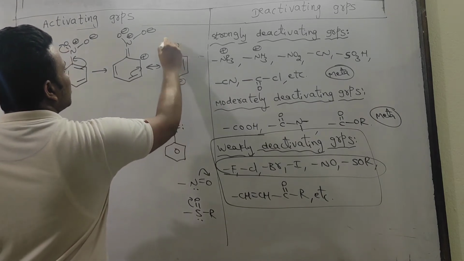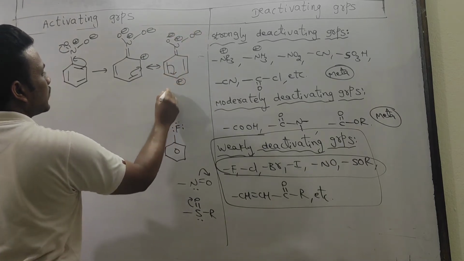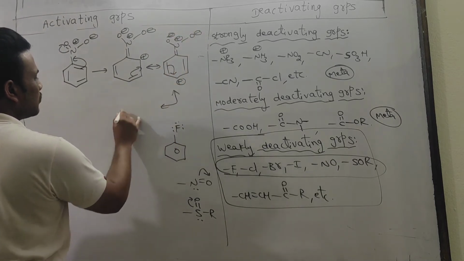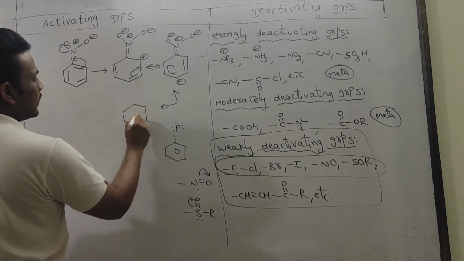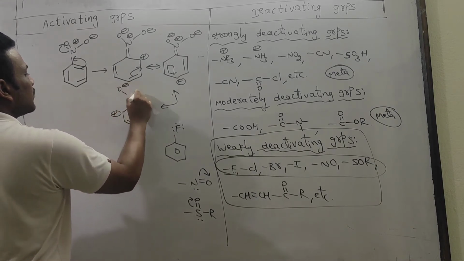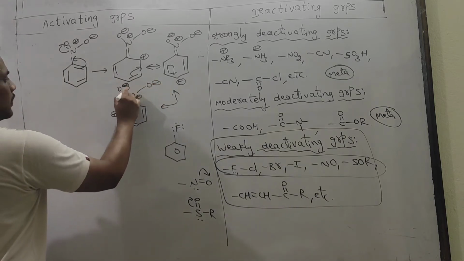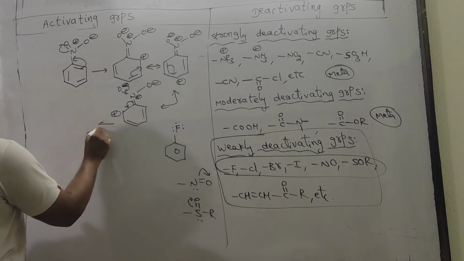You see the clear difference between plus R and minus R groups. In plus R groups, negative charge is developed at ortho and para positions, but in minus R groups, positive charge is developed at ortho and para positions.